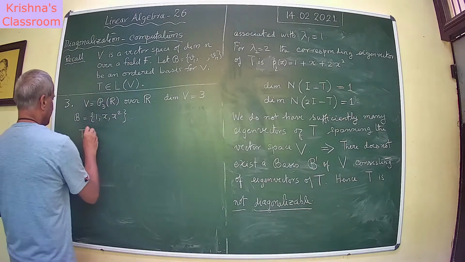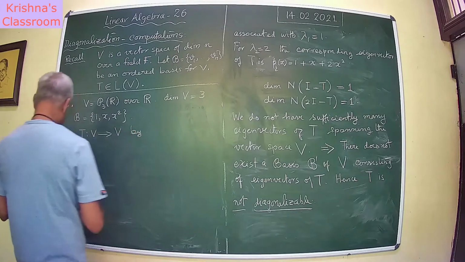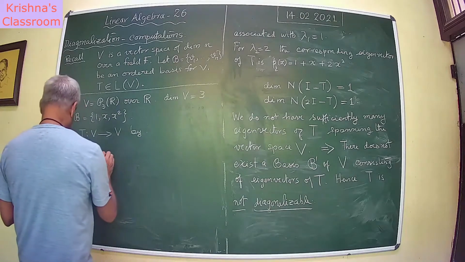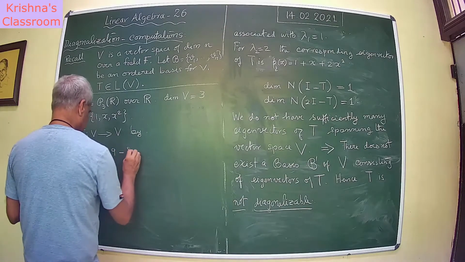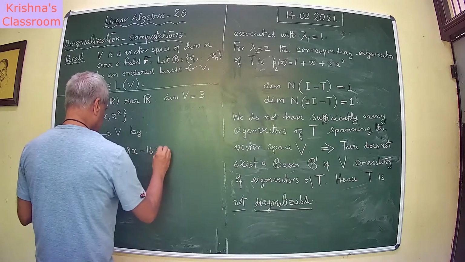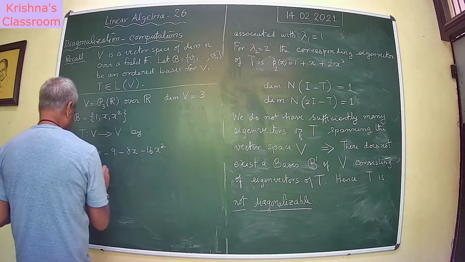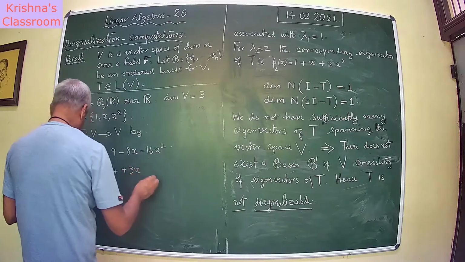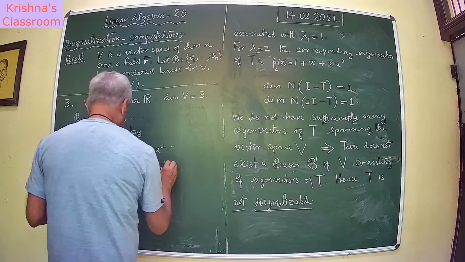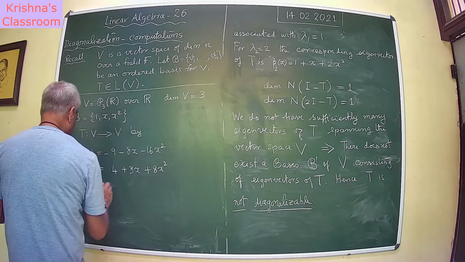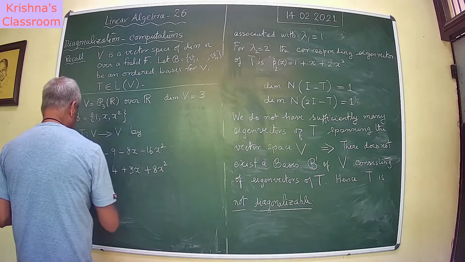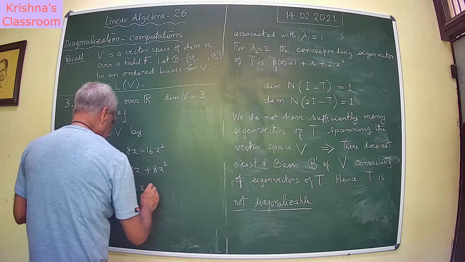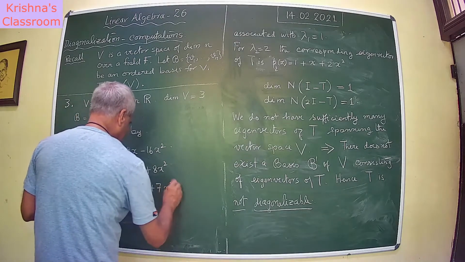Let us define T of 1 equal to, T of P(x) equal to 4 plus 8x squared, these are the definitions. Four plus 4x squared.